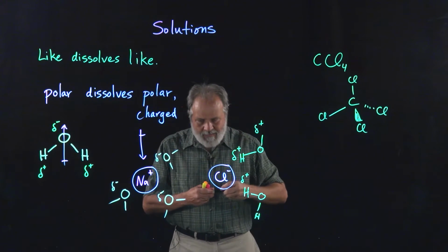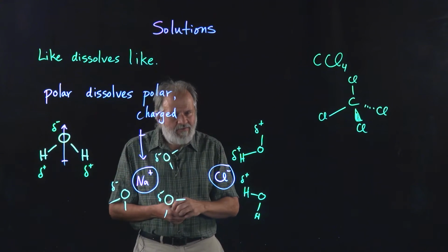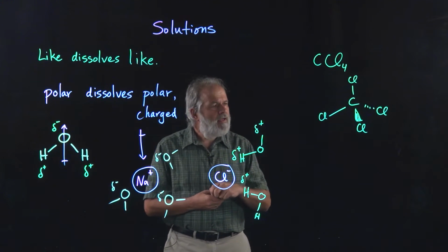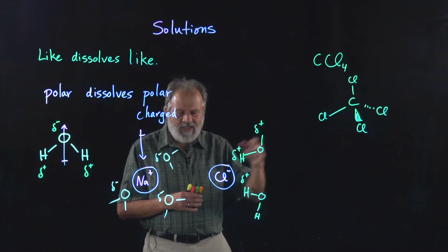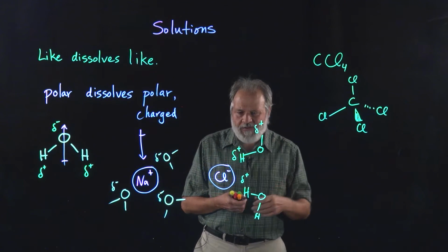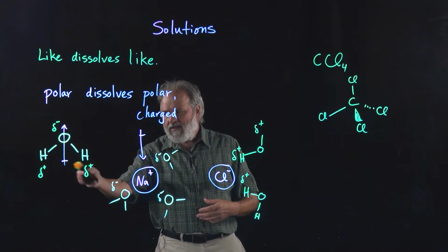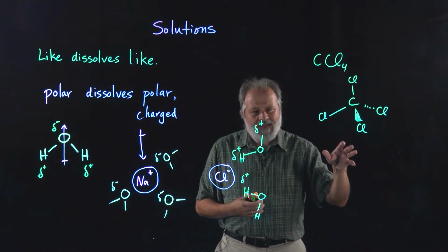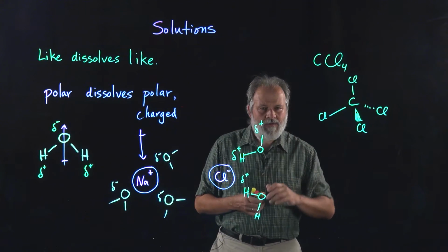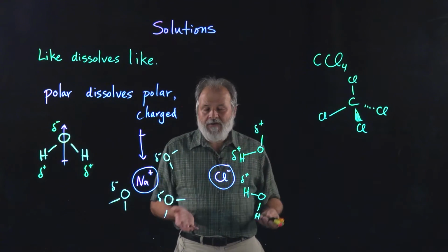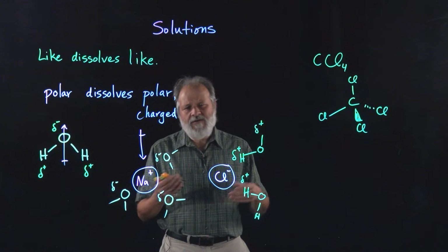And so this is why the chapter on shapes of molecules is so important, because that determines whether the whole thing is polar or not. So this has polar bonds, but they don't cancel, and so you have a dipole moment. This has polar bonds, but they do cancel, so this is nonpolar. So carbon tetrachloride would be a solvent that would dissolve other nonpolar materials like grease and so on.